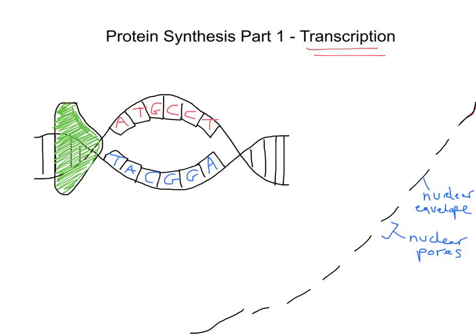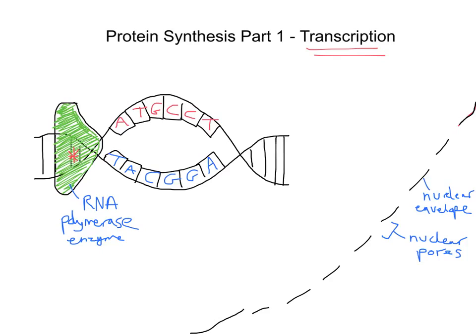So we'll put that in place and label this. This thing here is our RNA polymerase enzyme. It binds to what's called the promoter region. So if I draw it in red here, with a little star, that's our promoter region.